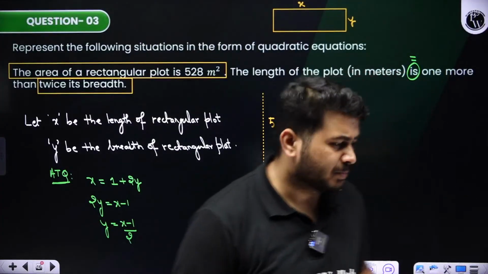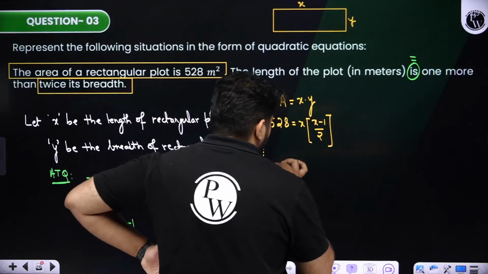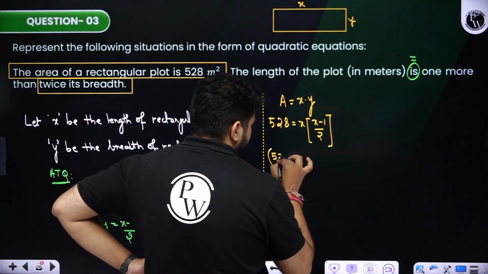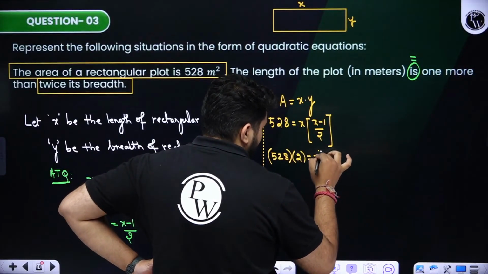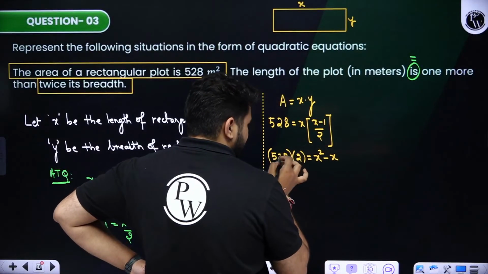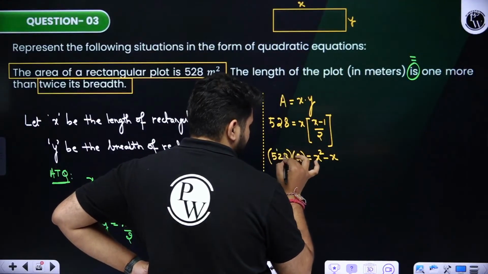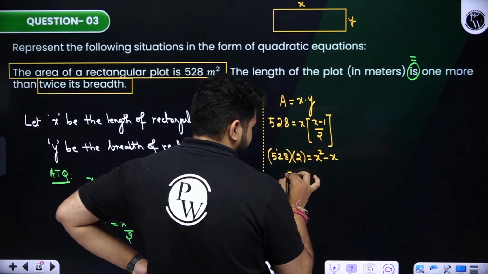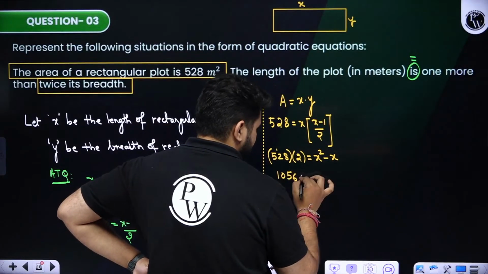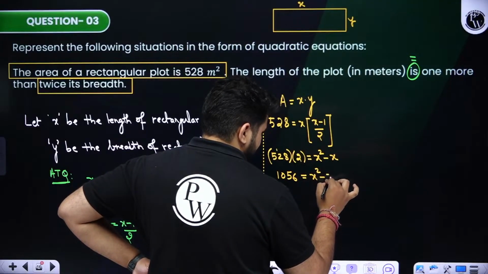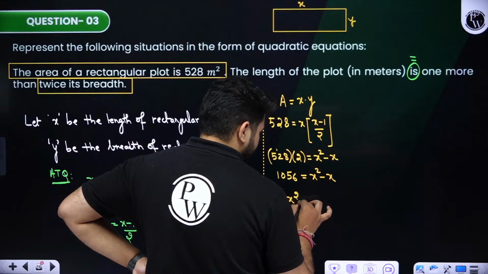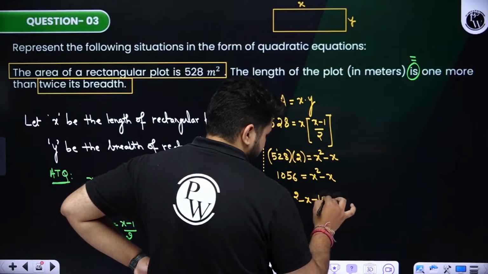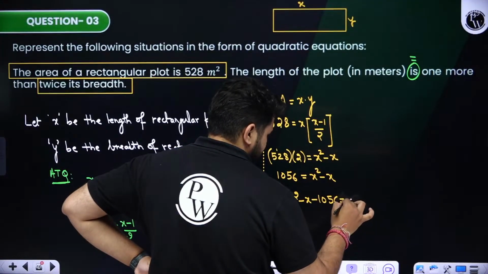So simple, from here cross multiply the 2. So 528 multiplied by 2 will be equals to x square minus x. Multiply, 1056, will be equals to x square minus x. So the required quadratic equation is x square minus x minus 1056 is equals to 0.